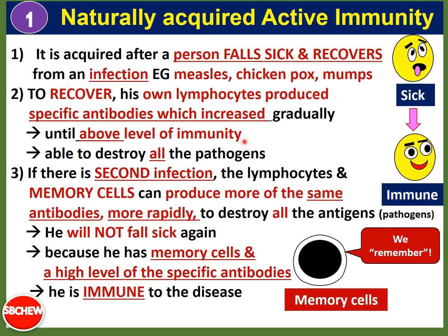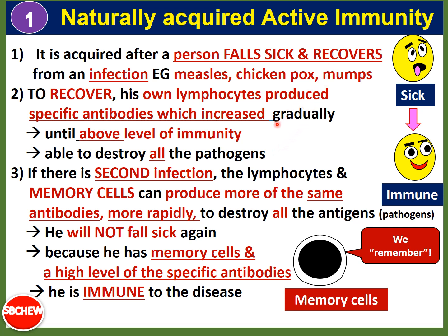So if a person has antibodies but at a low level, he may not be able to recover. He must achieve a certain level of antibodies called the level of immunity so that he is able to destroy all the pathogens in his body. So when his level of antibodies has reached or gone above the level of immunity, his body is able to destroy all the pathogens and thus he recovers from the infection.